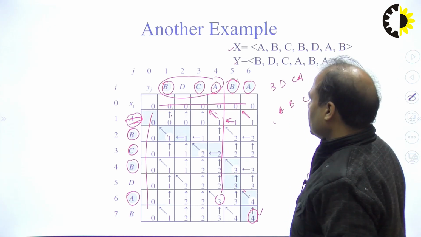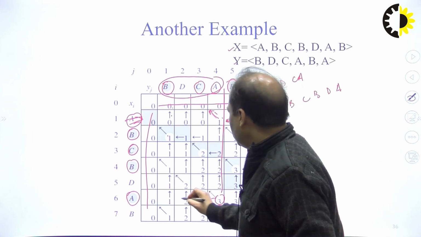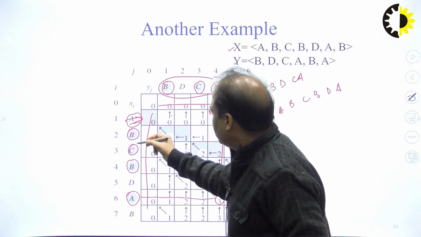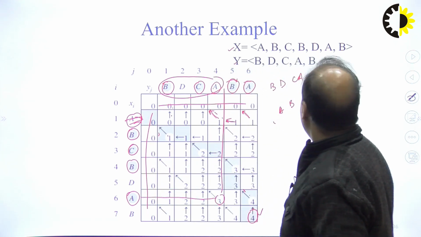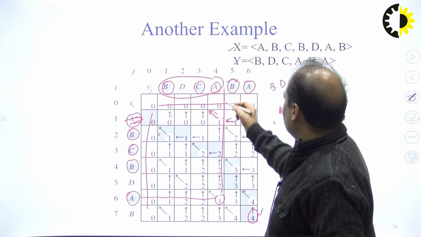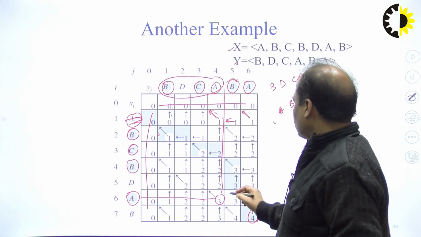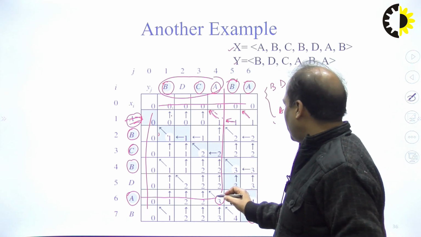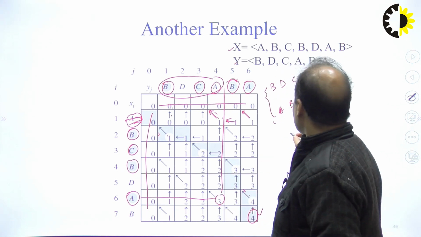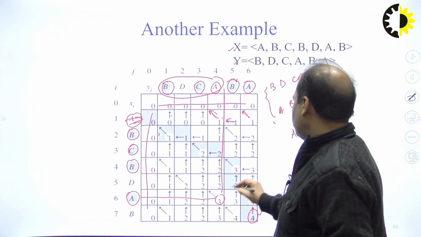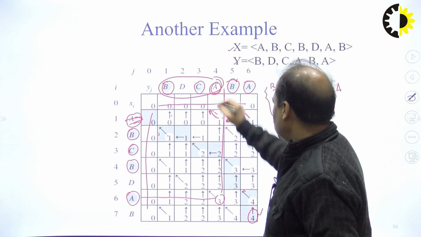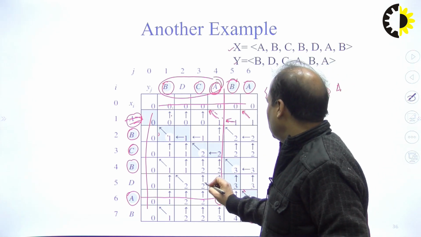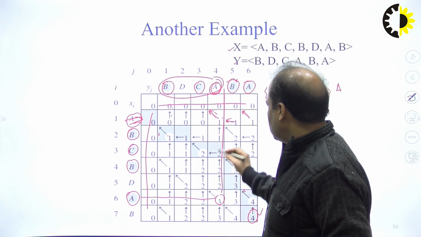We are starting with ABCBDA, and this one is BDCA. So you see, if you want to get the LCS of this, you start from here. That means A is matching, and A is matching here. Again go here, vertical, we are not interested.